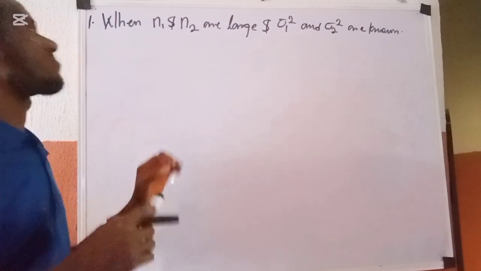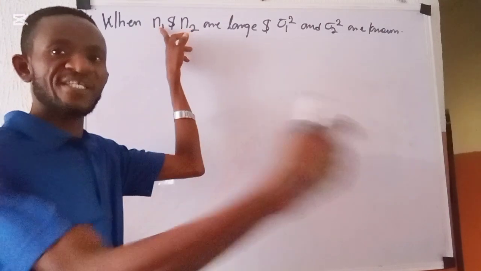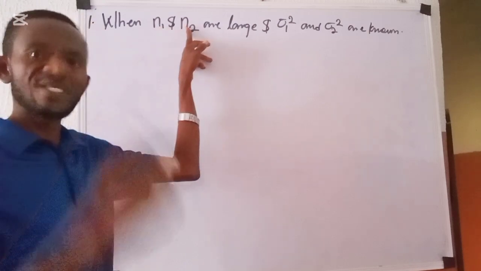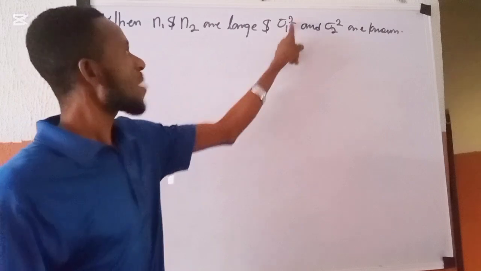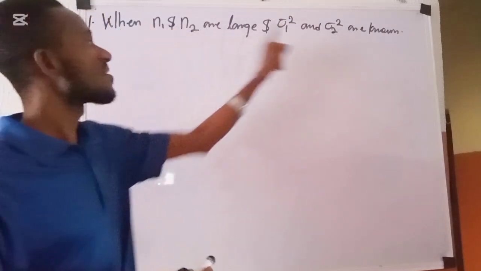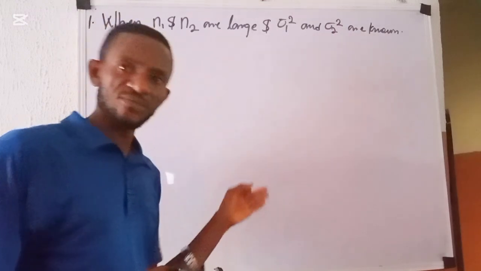So the question becomes, N1 here means the sample size taken from population 1. N2 here means the sample size taken from population 2. Sigma 1 squared here is the variance of population 1. And then sigma 2 squared here is the variance of population 2.